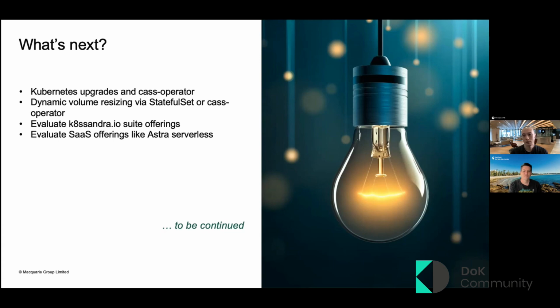However, this is not supported natively by StatefulSets or Cassandra Operator, so manual workarounds are required at this stage. And evaluate Cassandra suite offerings and SaaS offerings like Astra Serverless.